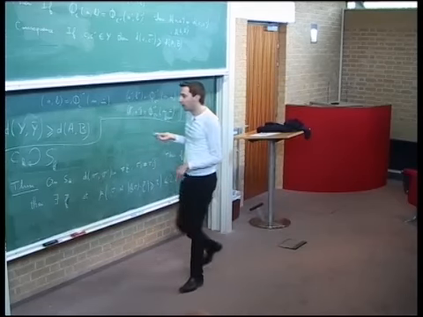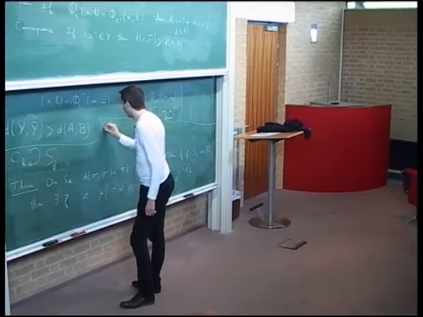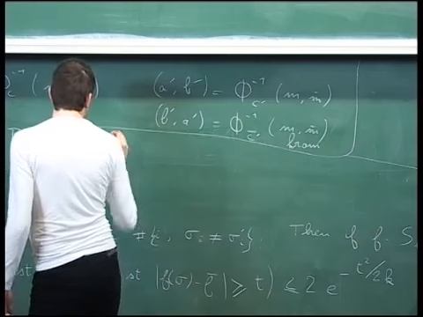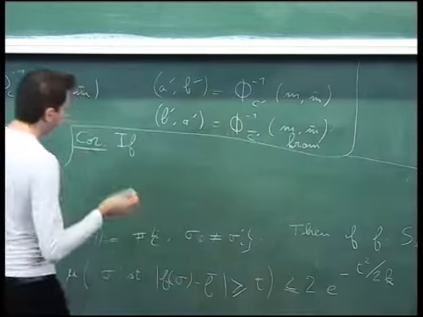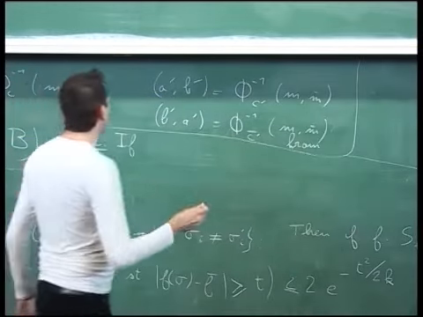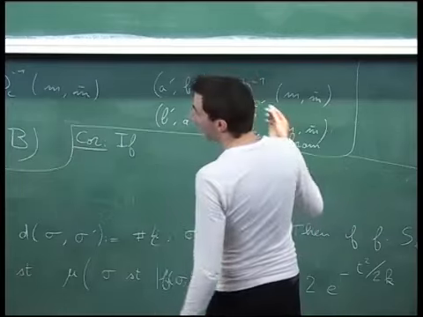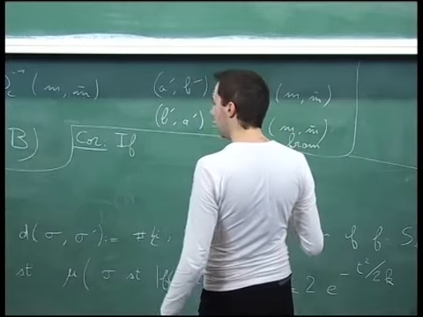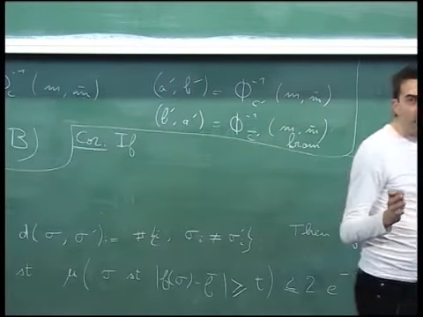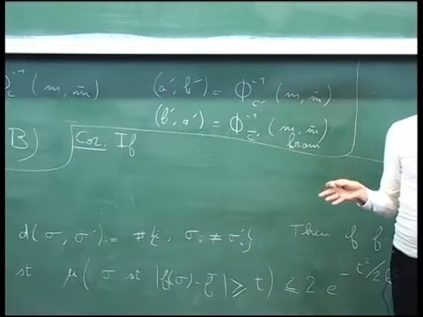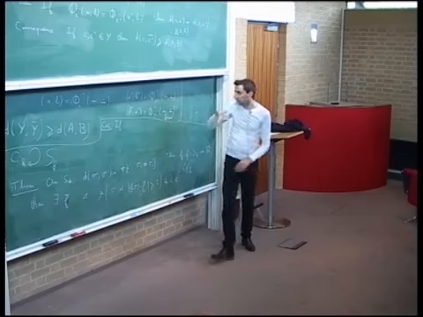Now, a consequence: if I have two parts in Sk which lie at some distance apart, then at least one of these two parts is small.